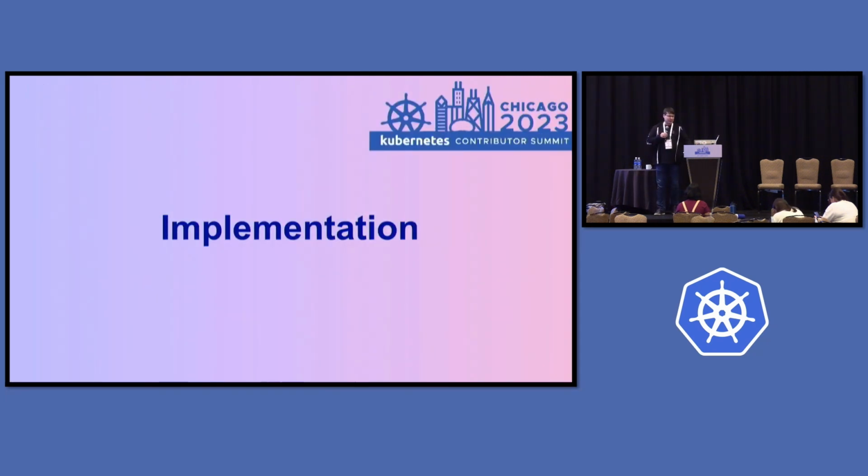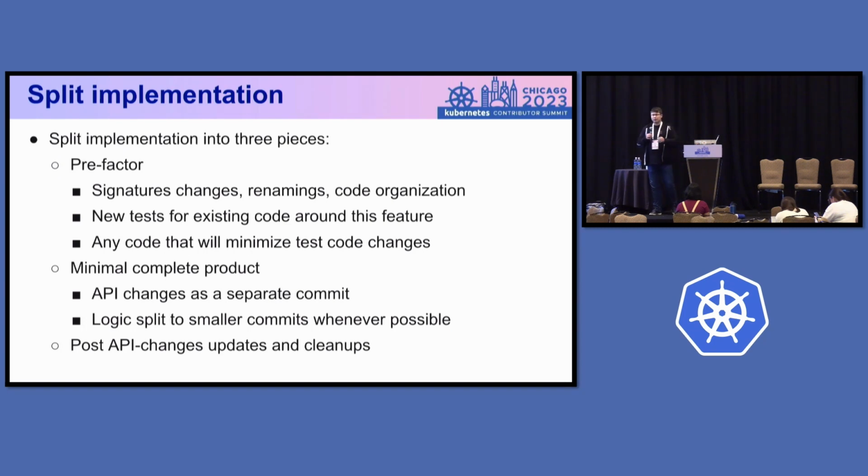And now we get to the implementation part. So a very interesting thing that we did in Sidecar KEP is we've been very intentional about how to split work into pre-factoring, into something that we do as minimal as possible that can be merged, and then post improvements. We approved this plan with approvers, and we tried to be really mindful of how much pre-factoring we do, especially around tests.